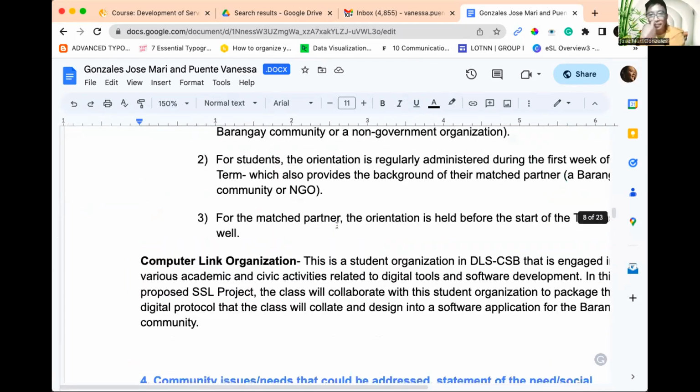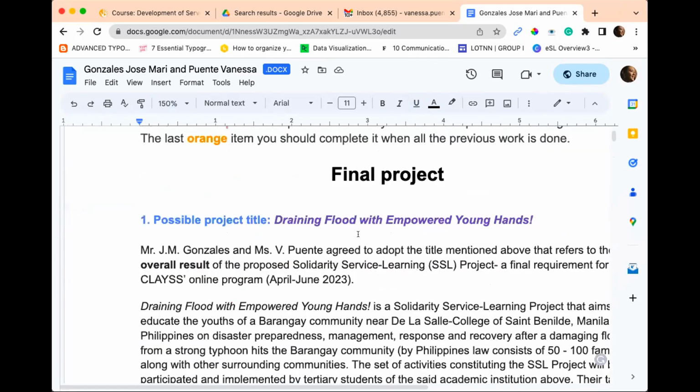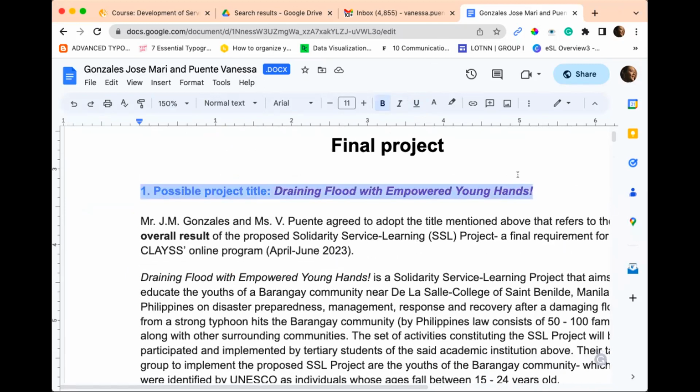And let's start with, of course, the title. The title of our intended project happens to be Draining Flood with Empowered Young Hands. This project has something to do with partnering with a local community and with our students in Benilde, the institution that Miss Vanessa and I work with together.